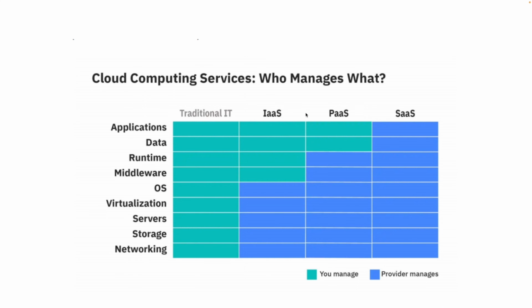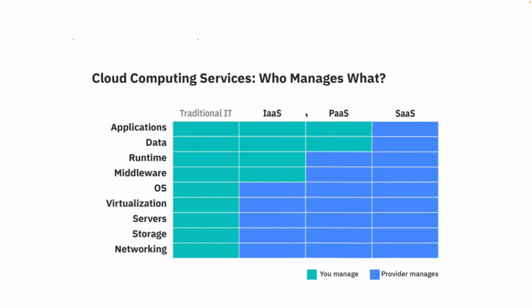An organization with traditional IT has the applications, the data they manage, the runtime of the applications, middleware, the operating system, the virtualization, different types of servers, storage solutions, and networking. Everything is on premise, or in simple words, in-house. So that's how a traditional IT system is built. Everything is in-house and on premise.